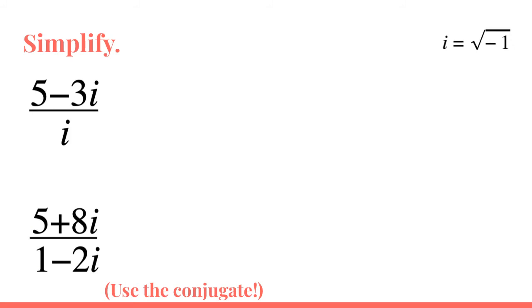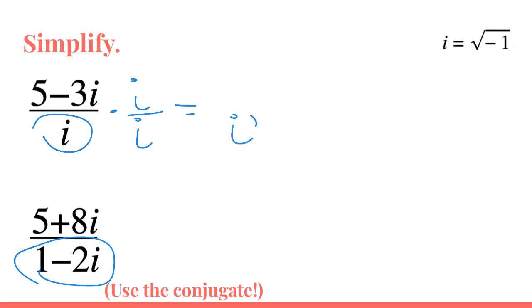This is the last screen of the notes, and what we're going to do is rationalize these. That means get rid of the radical that's in the denominator. So both of these have radicals in the denominator, and we learned in the last section how to deal with that. We multiply by the number 1. So I'm going to multiply by the radical over itself, or i over i. So what happens is in the bottom, I get i squared, which of course is negative 1. Now in the top, let's just see what we get.